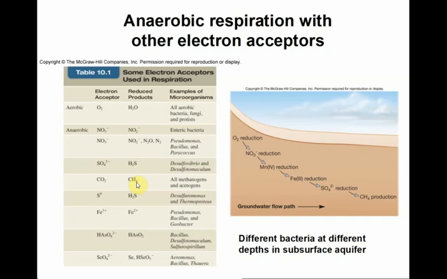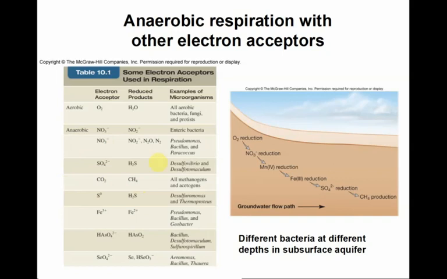All of these electrons come from where? They come from the organic carbon at the beginning of the process, because we're still talking about chemoorganotrophs here. So all of these inorganic compounds can be used as electron acceptors because it's still energetically favorable to transfer electrons from basically glucose to begin with down to these other electron acceptors.